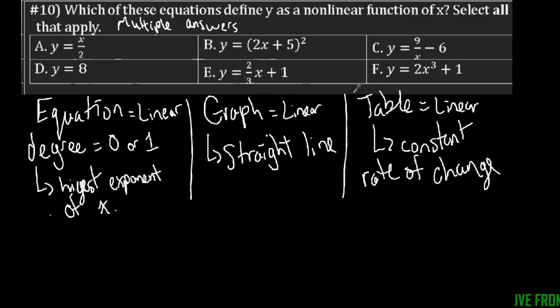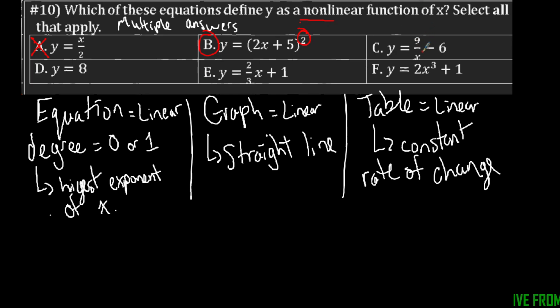So these are all for linear functions, but we're looking for nonlinear. So we have to find the ones that are not linear. You can also look at the graphs if you'd like to tell which ones are straight lines. The first one is going to be a linear function, so we're not going to pick A. However, for B, that one's nonlinear because the exponent is 2, so B is a nonlinear function.